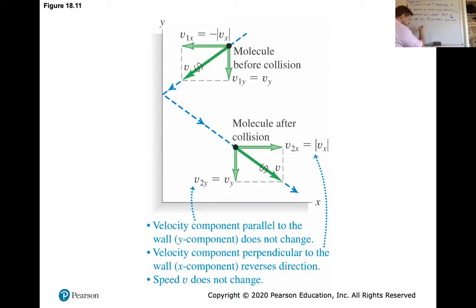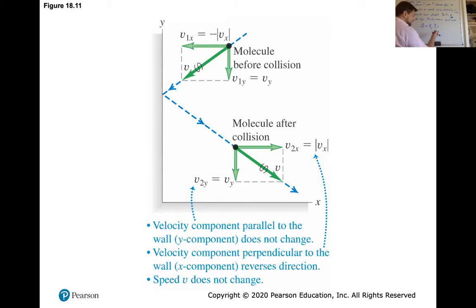So the momentum change, the delta p, from one side to the other of a collision, would be momentum final minus momentum initial.